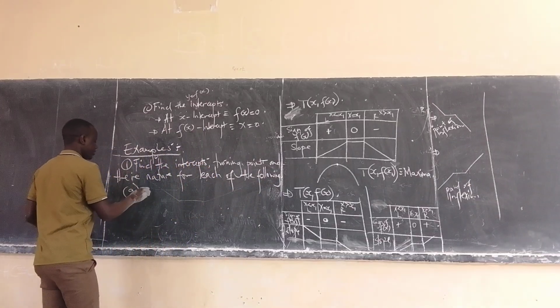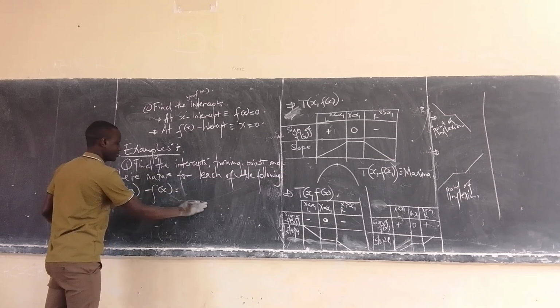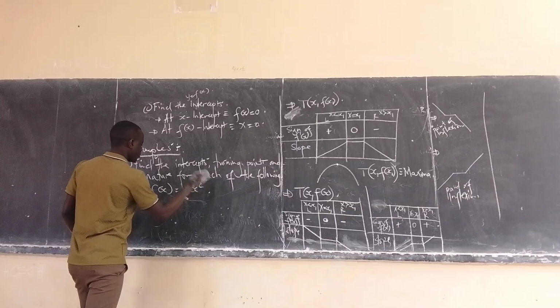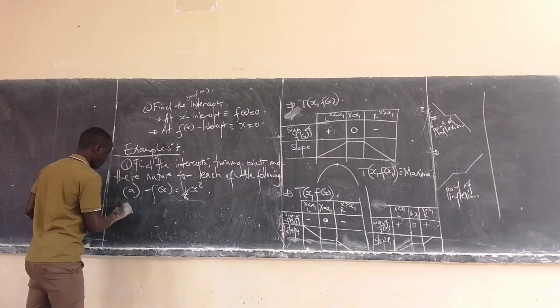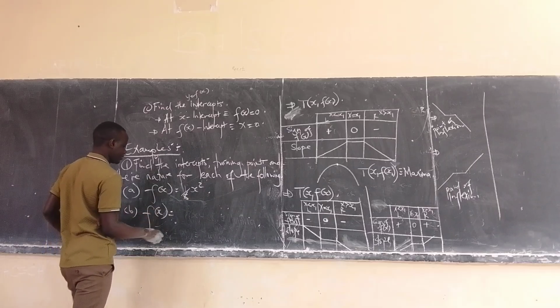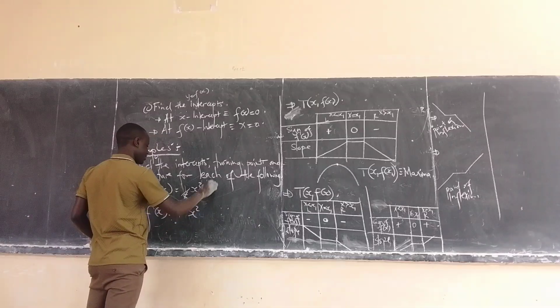Part A, we can have f of x equals 1 over 8 x squared. Part B, f of x equals 1 minus x squared.